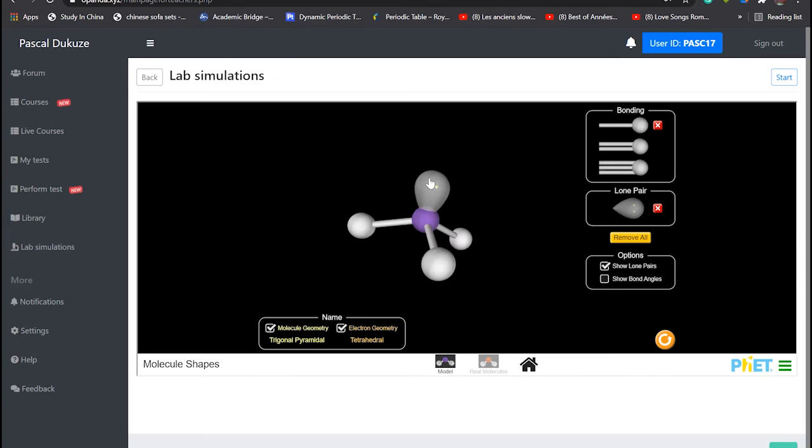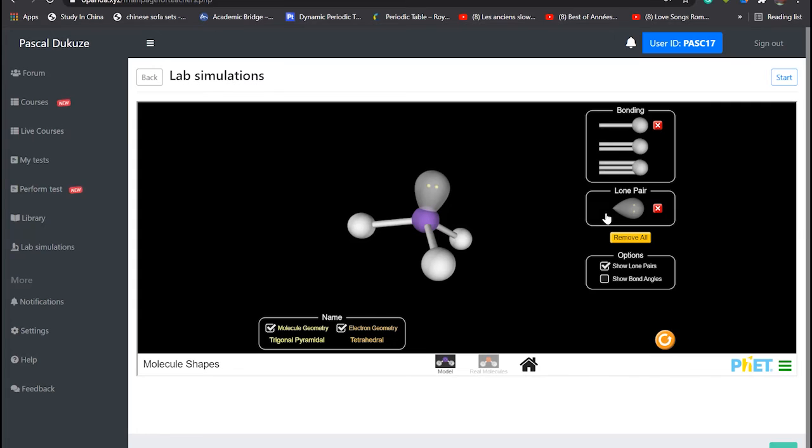Because we have 4 electron pairs, the electron geometry doesn't change. But when determining the molecular geometry, we consider the relative position of nuclei, and here there is no nucleus, so we consider this nucleus, this one, and the fourth, and we get a trigonopyramidal shape.